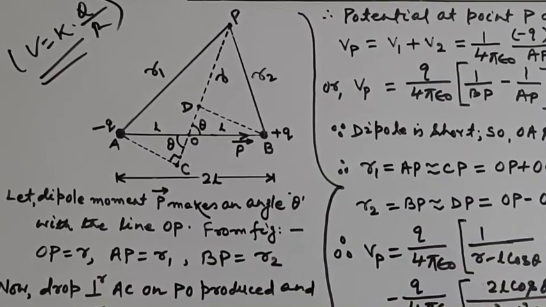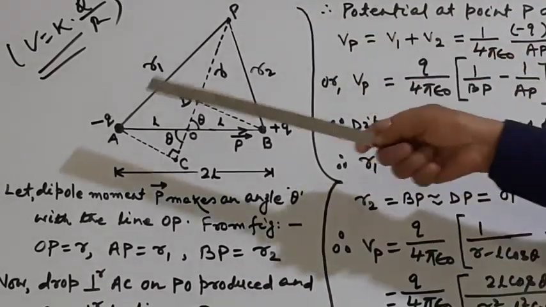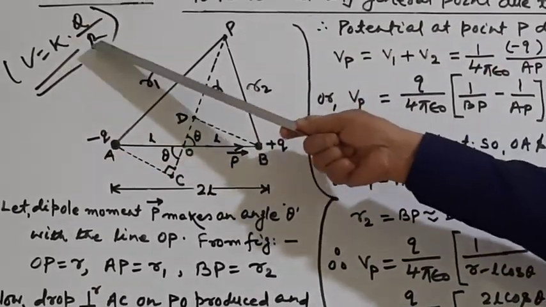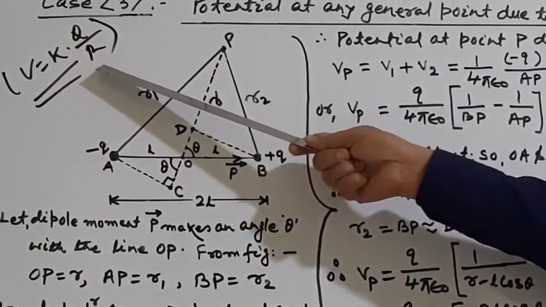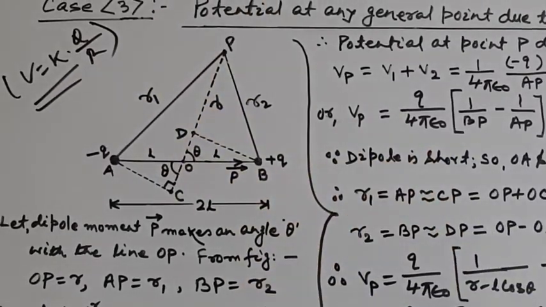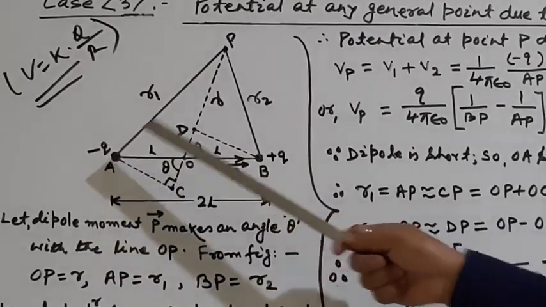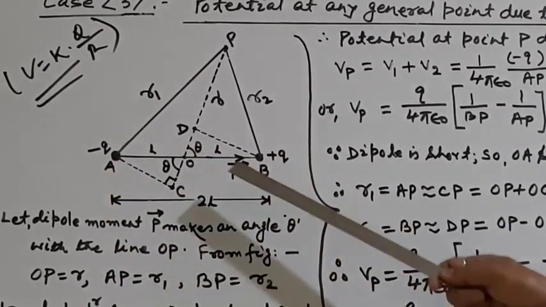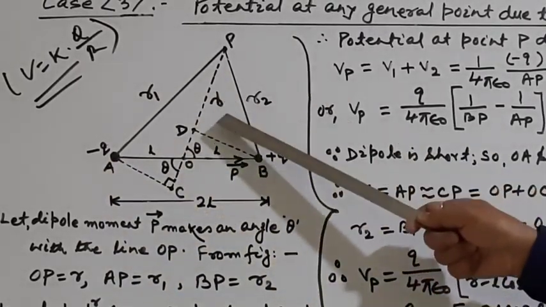Number 2, in order to find potential, the formula is V is equal to KQ by r, and r is the distance from that point to the charge. But here charges are at point A and at point B, and distances are given from point O to this point.